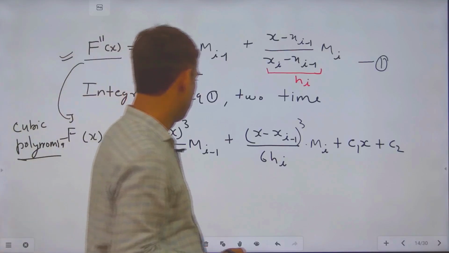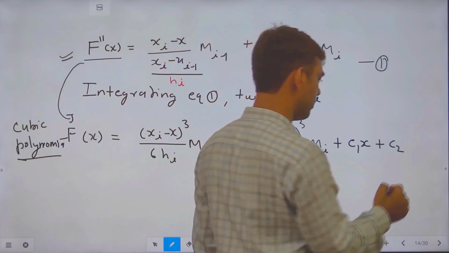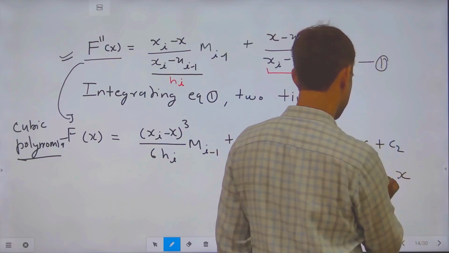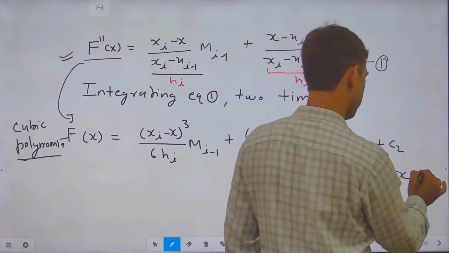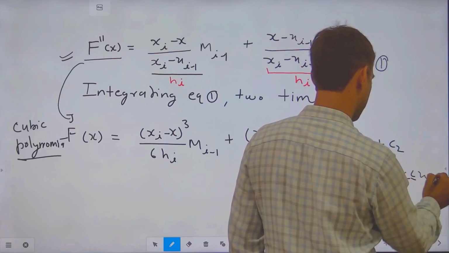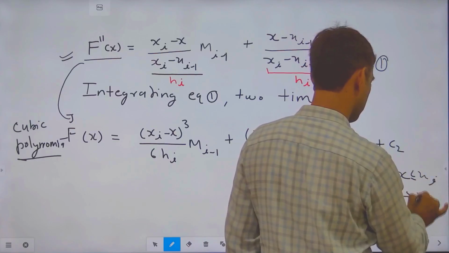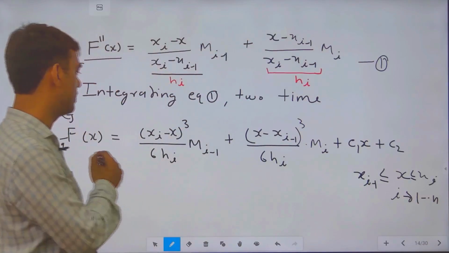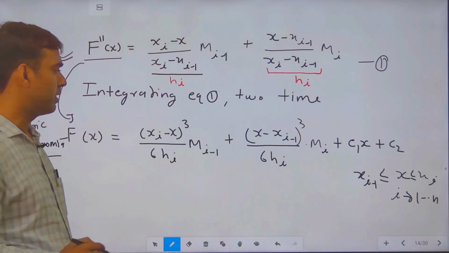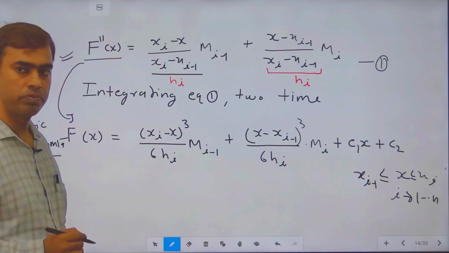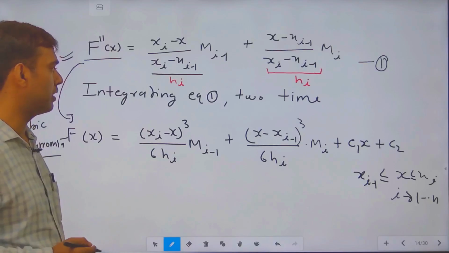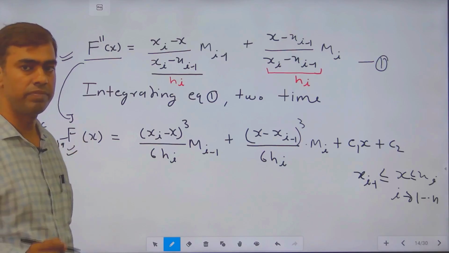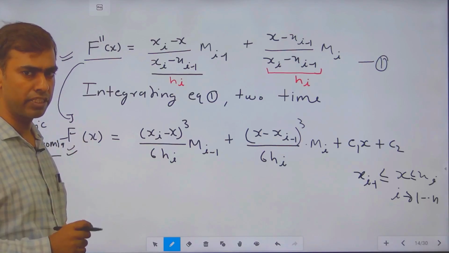And what is the value in which class interval? If we write here, x lies between x_{i-1} to x_i, and i ranges from 1 to n. If i equals 1, then this is a cubic function from x0 to x1. If i equals 2, then this expression gives the cubic polynomial for the second class interval.